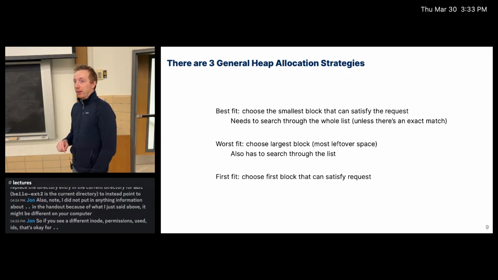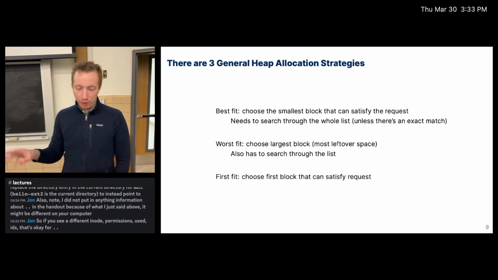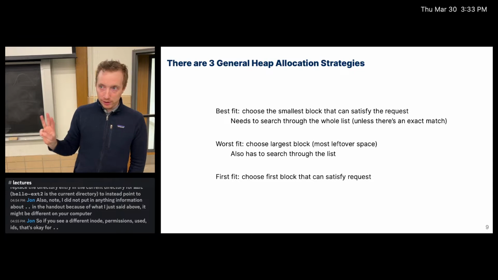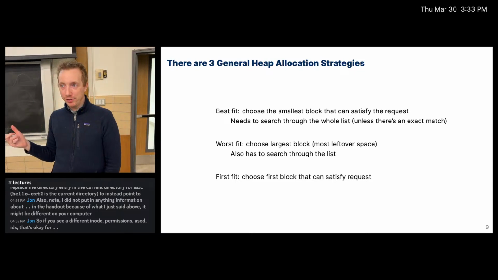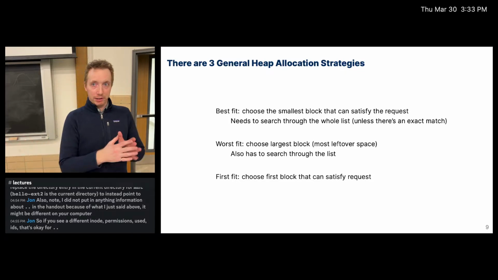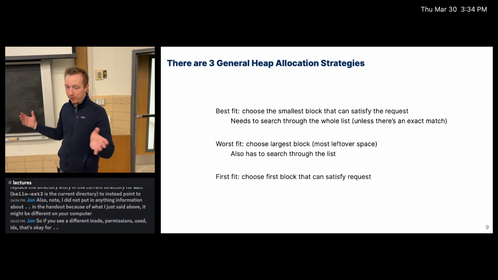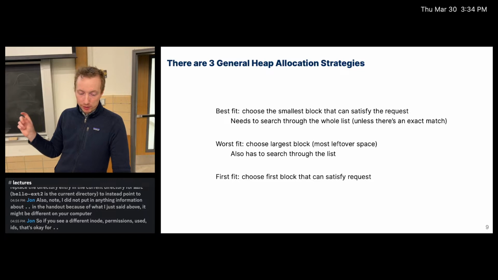Using that really general free list, there are 3 general allocation strategies you can use. There is best fit, which is probably what everyone would think to do when they see blocks of memory with holes in them and an allocation comes in. Best fit means it chooses the smallest block that can satisfy the request.